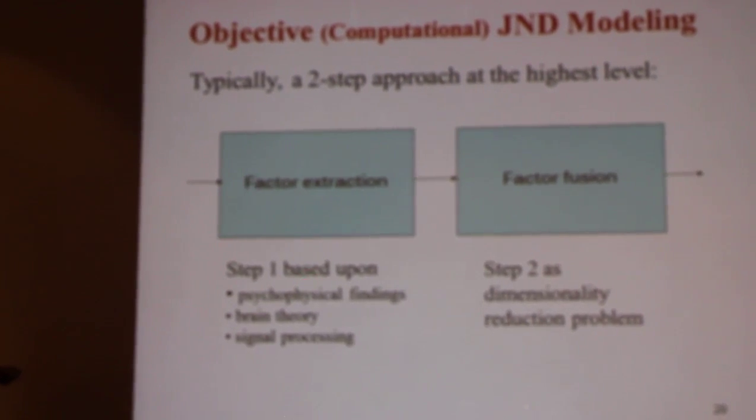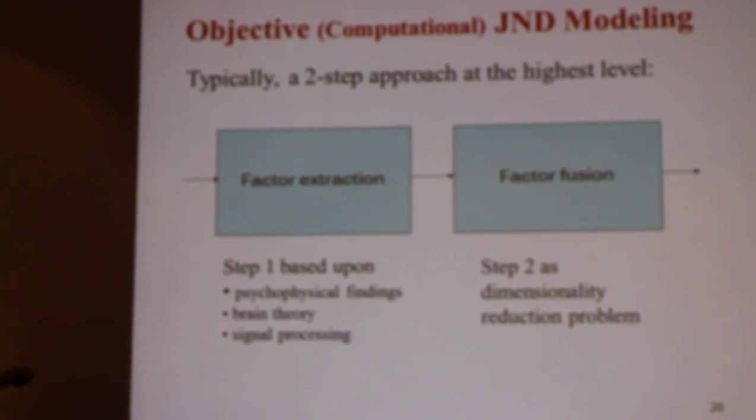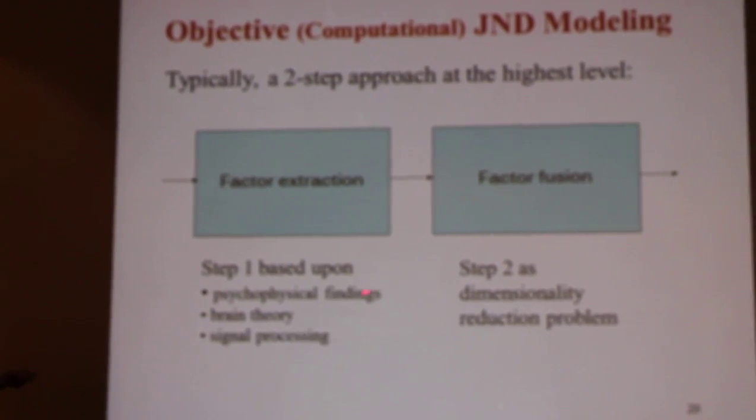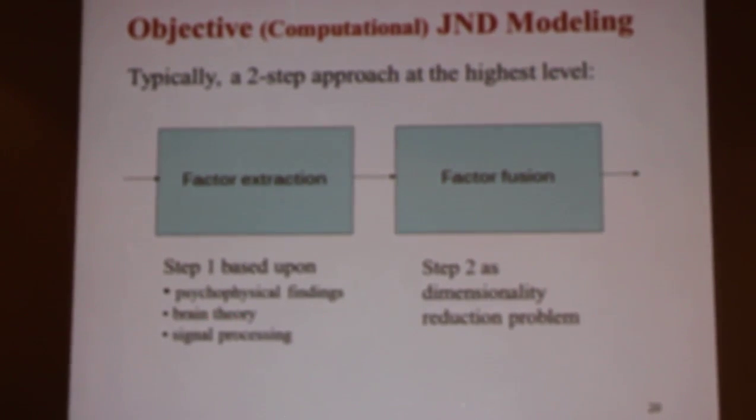In this context, we use the physical findings and some brain theory and also signal processing techniques. And then step 2 is the dimensionality reduction process. Right? We collect all the information and then we produce one single number to tell what the JND value is.